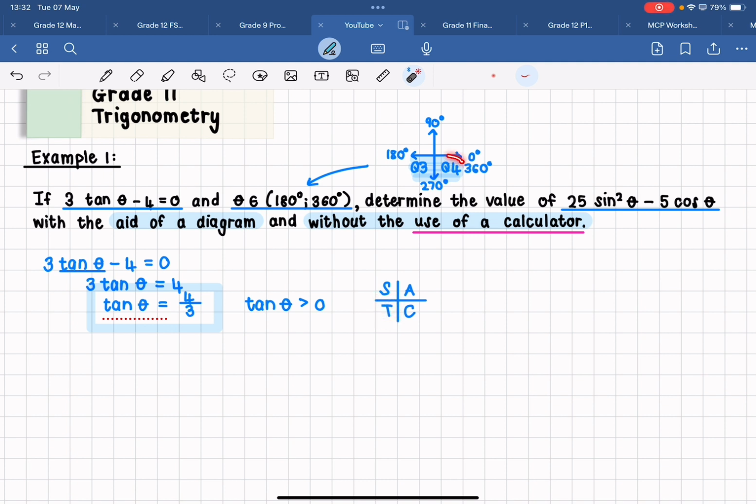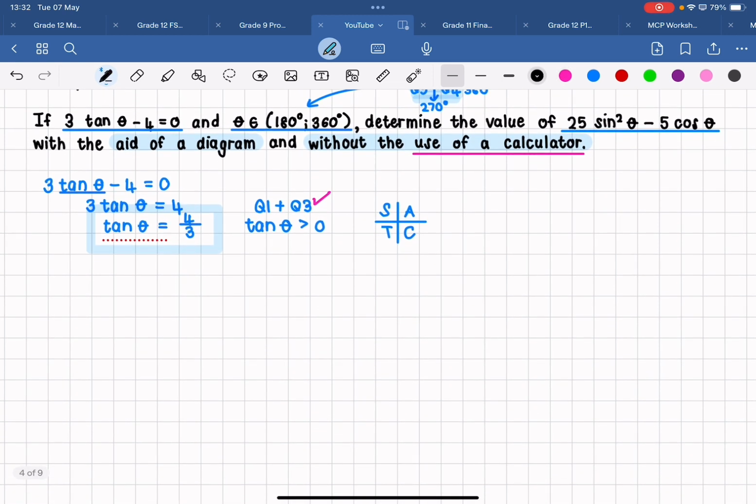So since our angle has to be between 180 and 360, and it has to be in a quadrant where tan is positive, we are going to have to draw a triangle in the third quadrant. I'm just going to add here that this happens in quadrant 1 and quadrant 3. So which quadrant satisfies both of these conditions? Quadrant 3 is the only one that satisfies both conditions. So we are going to draw a diagram in the third quadrant.